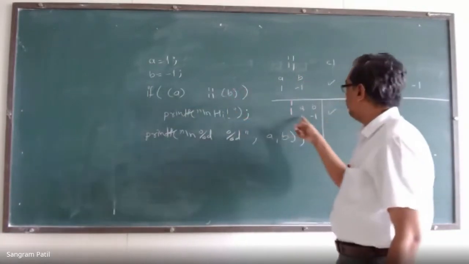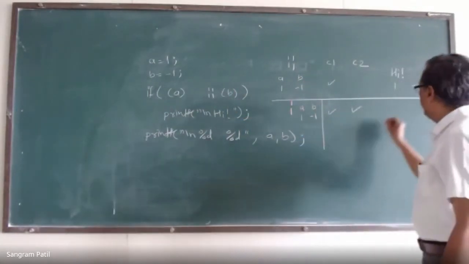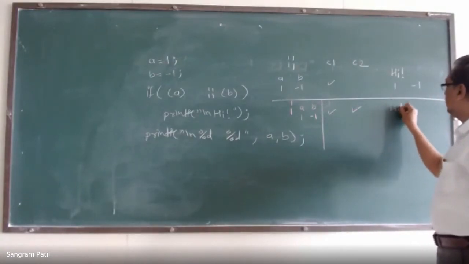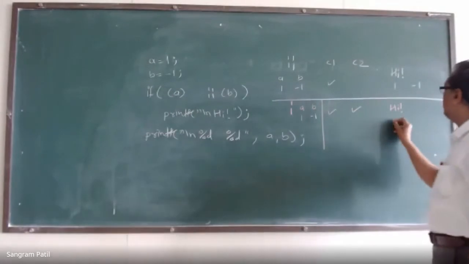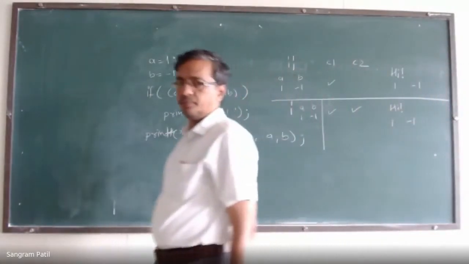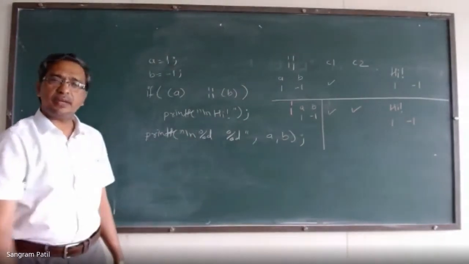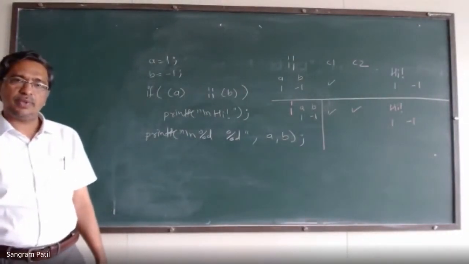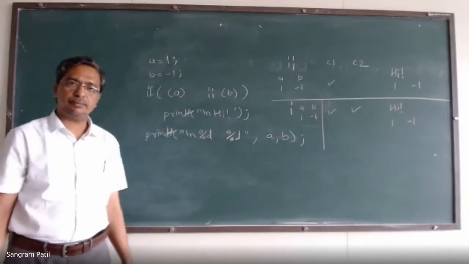B is non-zero, yes, so condition 2 is also satisfied. It will give you high. It will come here, printf slash n percentage A comma B. So this will print 1 and -1. So here the output will remain same. Okay, output same, there is no change.